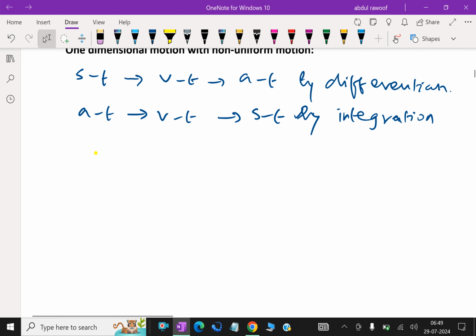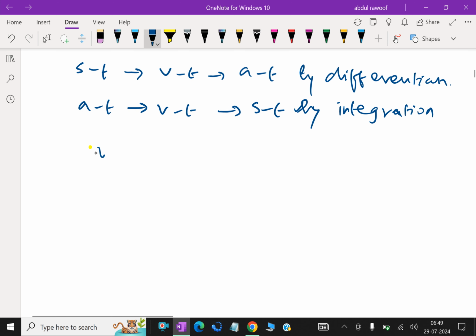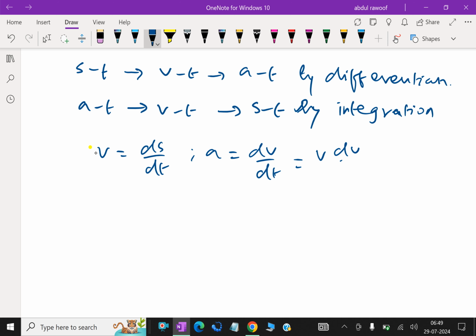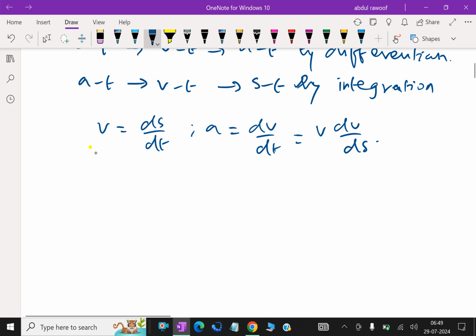Now we know the equations of differentiation: v equals ds by dt and a equals dv by dt, which is further equal to v dv by ds. Next, integral of ds, that is distance, equals integral of v dt.